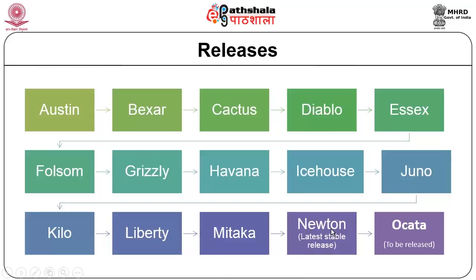So, this is another interesting fact on OpenStack. For the releases, they started with the release of Austin, and then they progressed through the various names, and as we can see each name is actually the next letter in the alphabet, and this continues. Currently the latest release is Neutron, which was released last year, 2016, and the next release already has its name, it is Ocata, and that is being released.